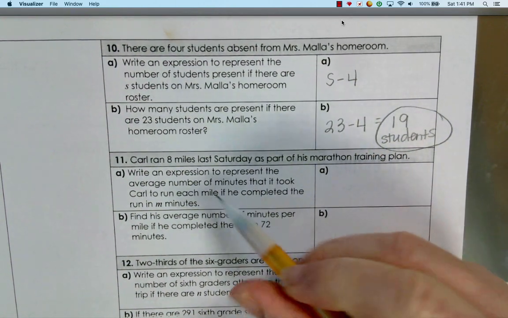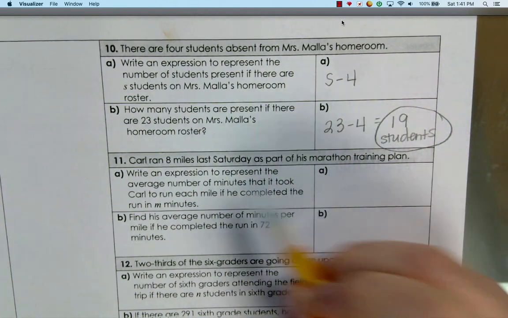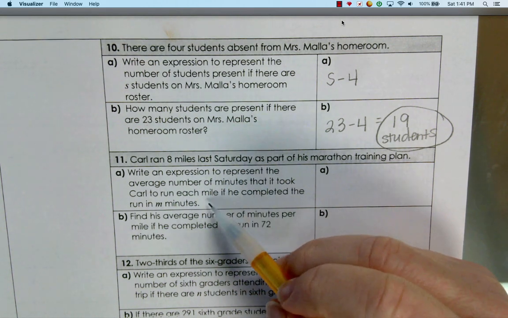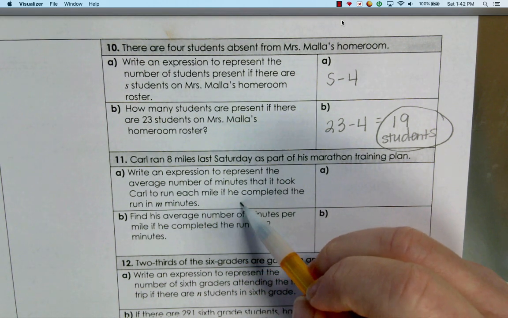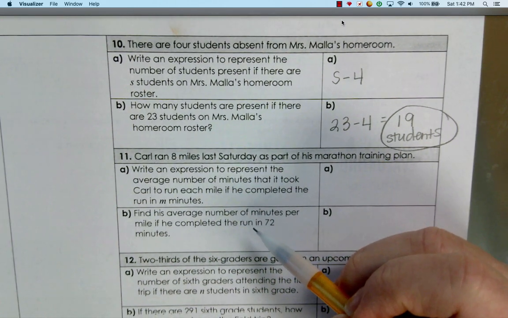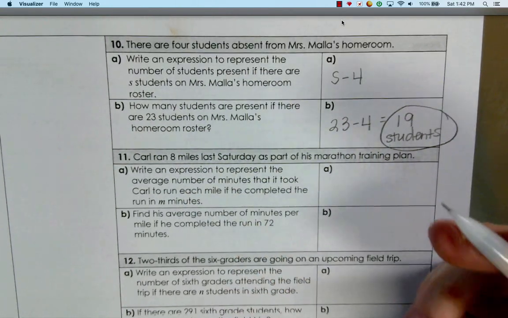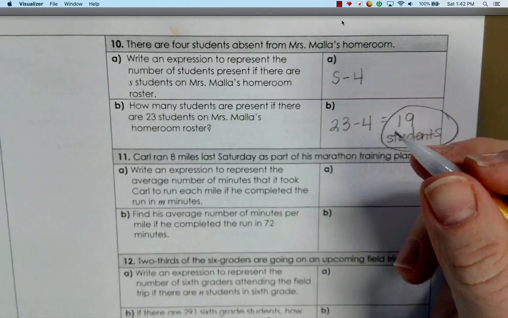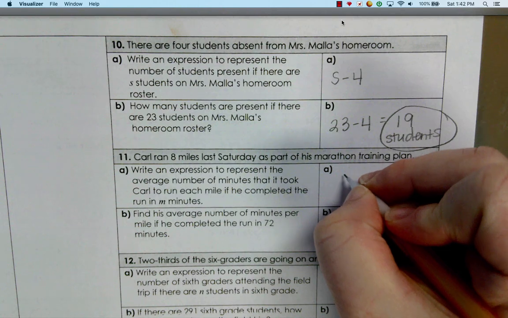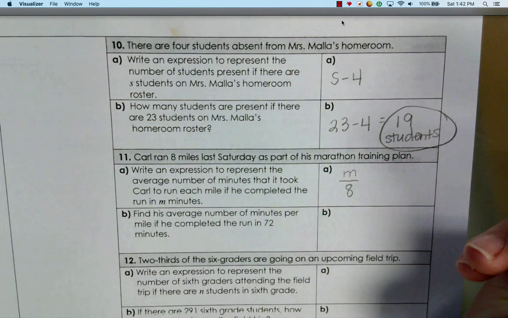Number 11, Carl ran 8 miles last Saturday as part of his marathon training plan. Write an expression to represent the average number of minutes that it took Carl to run each mile if he completed the run in M minutes. Okay, so here is the thing. When we see the word average, we're looking at division. So we have M minutes divided by 8 miles, okay?